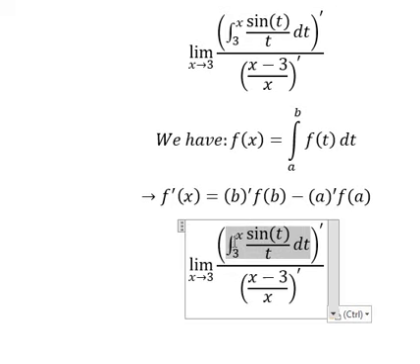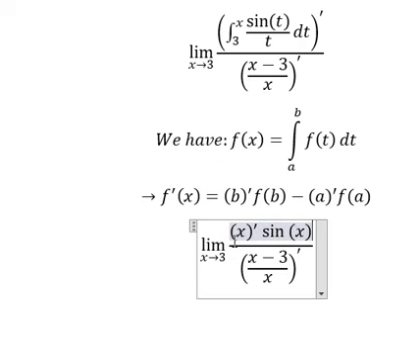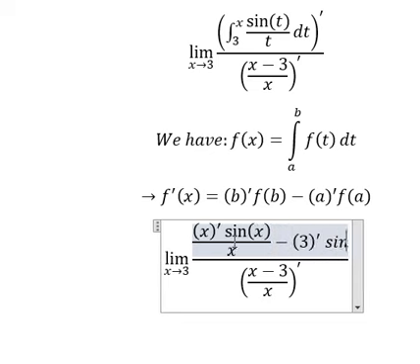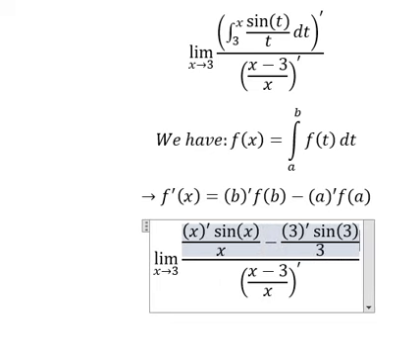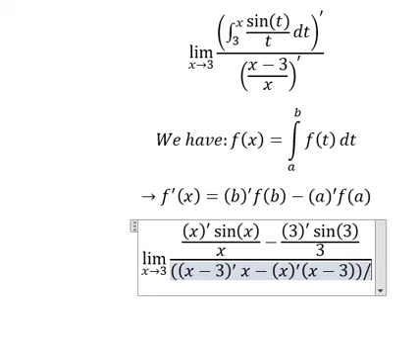So we have it like this. For this one, we need to do the first derivative of s minus number 3 multiplied by s, minus we do the first derivative of s multiplied by s minus number 3, over s squared.